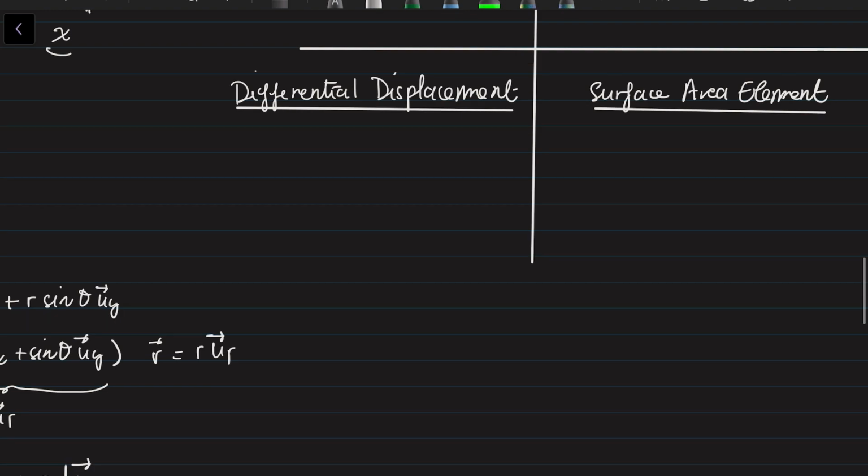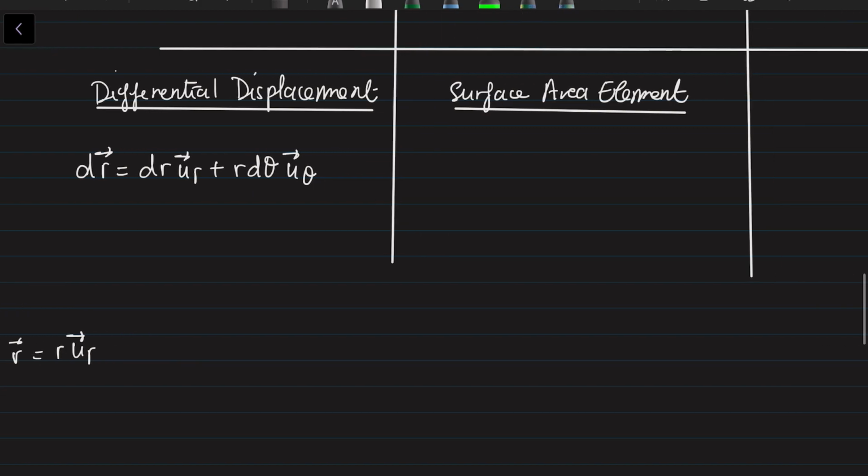Our differential displacement vector dr is equal to dr ur plus r d theta u theta, because we said it was dr ur plus r dur, and dur is d theta u theta. So now we have our differential displacement vector in polar coordinates, and now we can compute the surface area element.